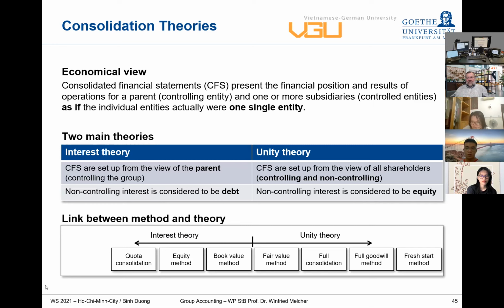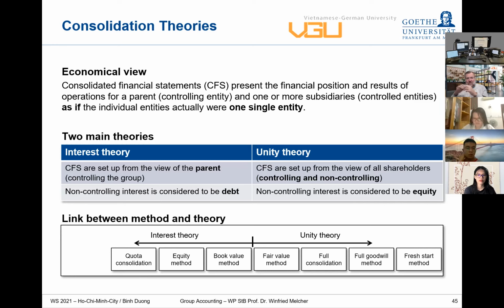Quota consolidation means that the part that goes to the controlling shareholders will be shown by them, and the assets that are belonging to the non-controlling interests go to those non-controlling interests. That would be the principle of a quota consolidation.